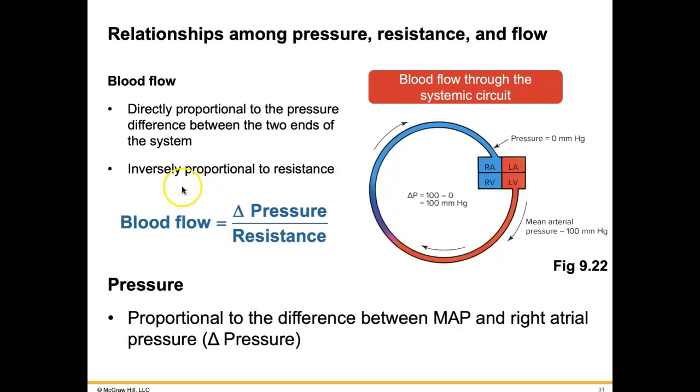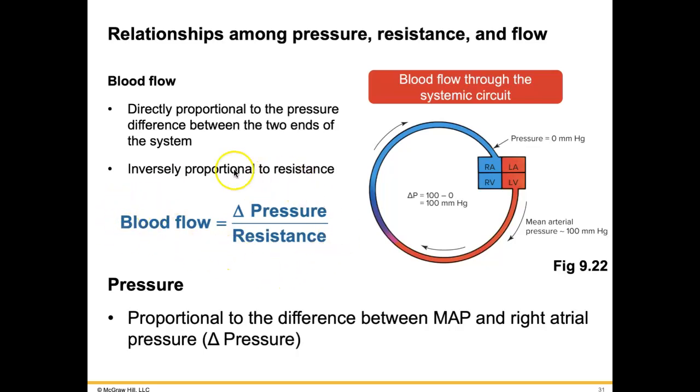And this blood flow is then going to be inversely proportional to resistance. You know that we've talked about resistance a little bit before in talking about things occluding arteries and slowing down that flow, or the vessels constricting, making that lumen a lot more narrow. That creates more resistance.